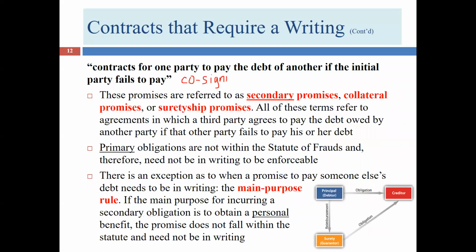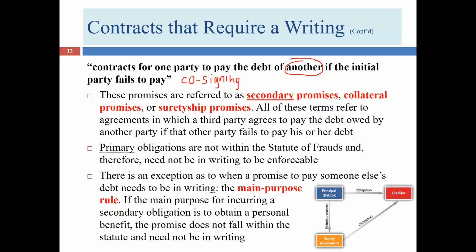But the more formal names for it are secondary promises, collateral promises, or suretyship promises. These are all different ways of describing this particular transaction. Now you can see all of these terms imply that there's another transaction that's the main part.